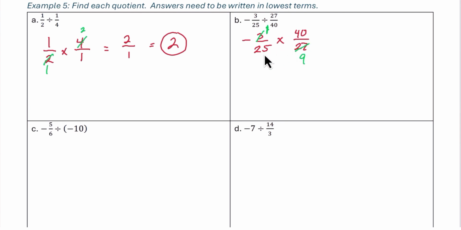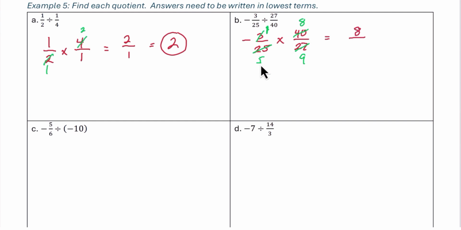Looking at the 25 and 40, their GCF is 5. So we'll divide each of those by 5. 25 divided by 5 is 5. And then 40 divided by the GCF of 5 is 8. Now we have multiplication. 1 times 8 is 8.